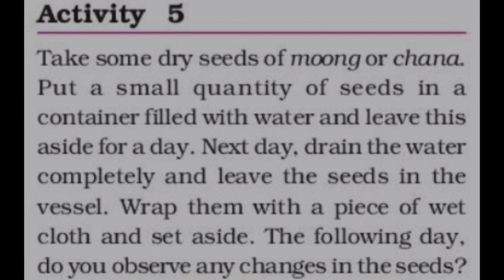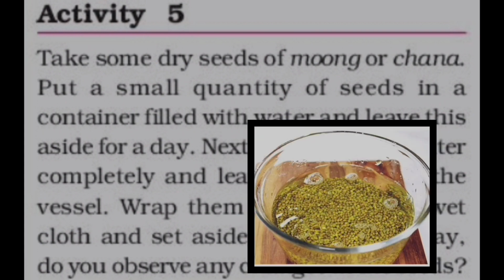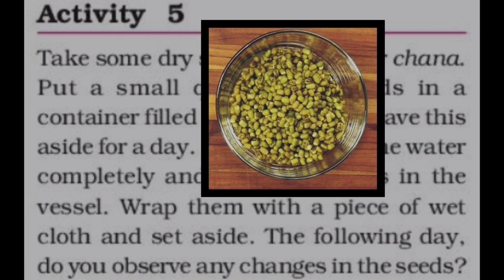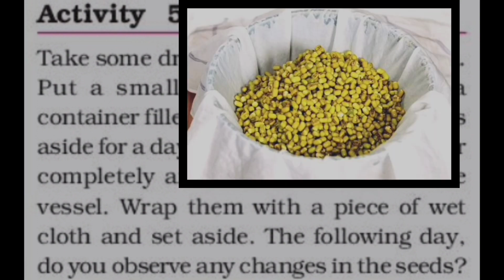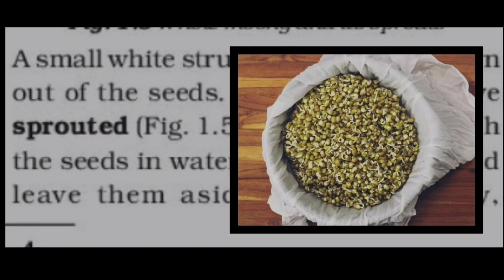Activity 5. Take some dry seeds of moong or chana. Put a small quantity of seeds in a container filled with water and leave this aside for a day. Next day, drain the water completely and leave the seeds in the vessel. Wrap them with a piece of wet cloth and set aside. The following day, do you observe any changes in the seeds? A small white structure may have grown out of the seeds.